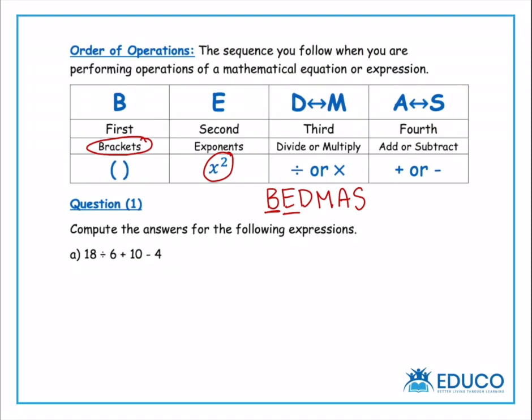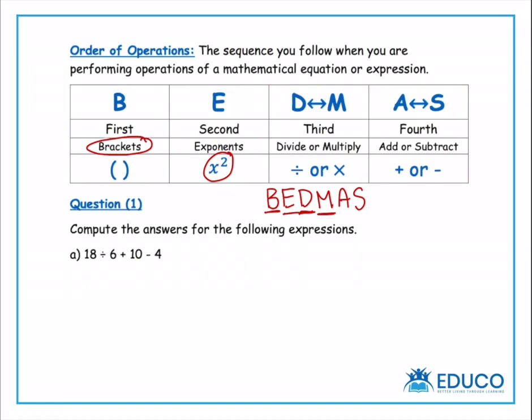That one comes second. Now our third one, usually we follow the D first, which means division, and then our M means multiplication. But in this case, it doesn't really matter which one you do first, as long as you do them after brackets and exponents, and then before our last two.